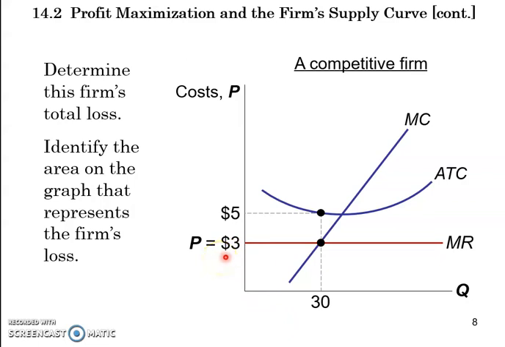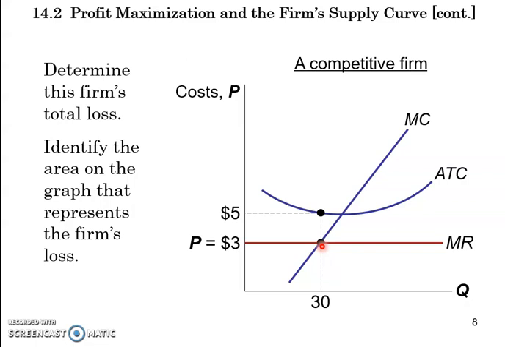The price now is $3 per unit. That is also the marginal revenue. And again, the very first thing we need to do on this graph is to locate the intersection between MC and MR. Because even when the firm experiences an economic loss, that intersection point will still tell you, you could say maximize the profit, but here there is no profit, so we'd better say minimize the loss.